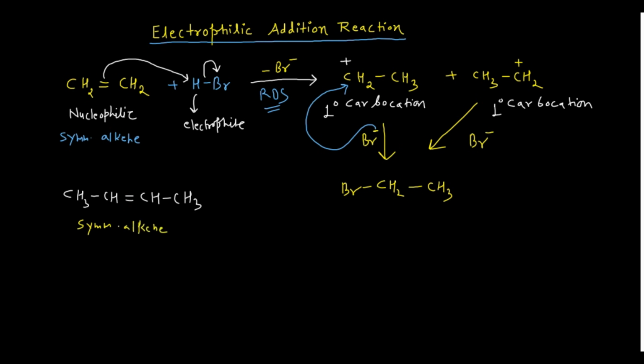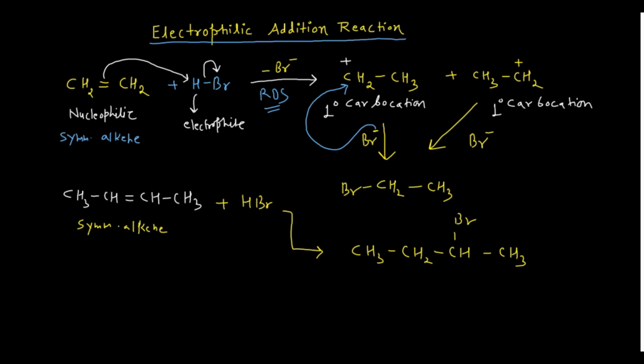And when you react this symmetrical alkene, say with HBr, again you will have this particular product, which would be CH3, CH2, CHBr and CH3. So what happened in that case? You see, this is the double bond, and I have attached this hydrogen with this carbon, right?